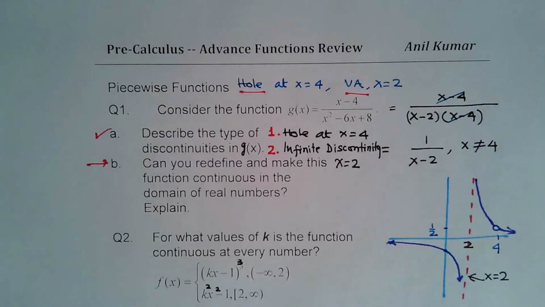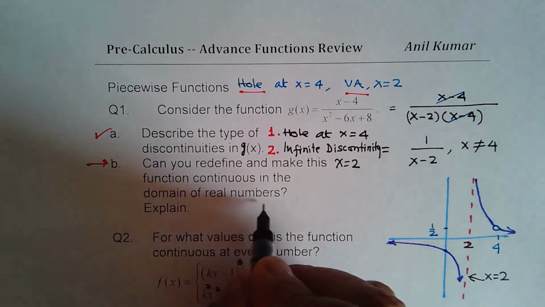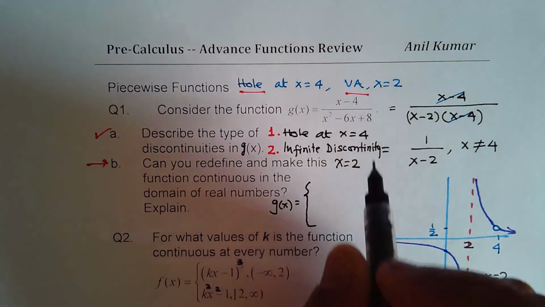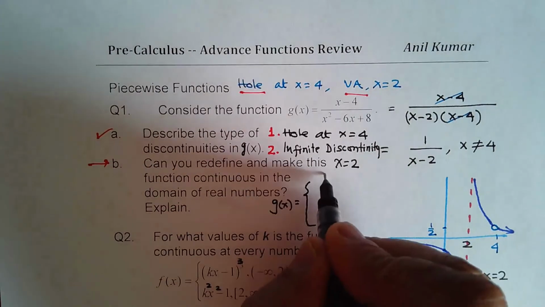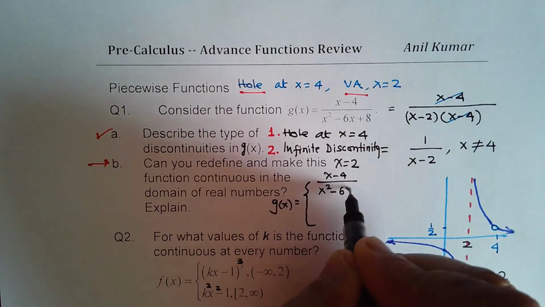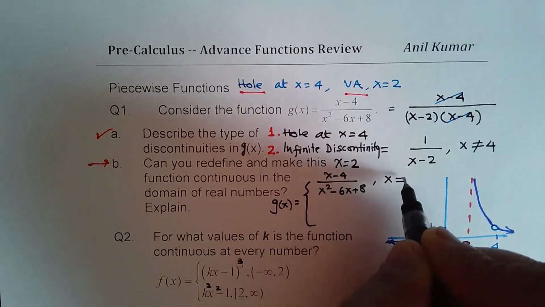Now part B. Let us try to redefine this function. How can you redefine this function? Well, we could write g of x as equal to the given value, which is x minus 4 over x squared minus 6x plus 8, where x is not equal to 4, right?